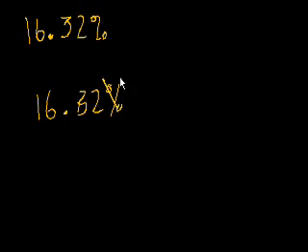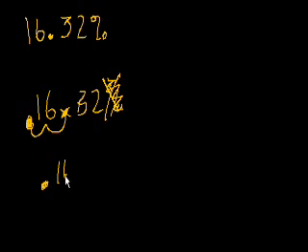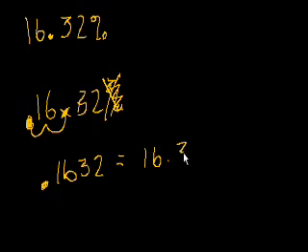So if we get rid of the percent sign, we just have to move the decimal over 2 spaces to the left. So 1, 2. This is the new place for the decimal. That decimal goes away. So it's 0.1632, which is equal to 16.32%.